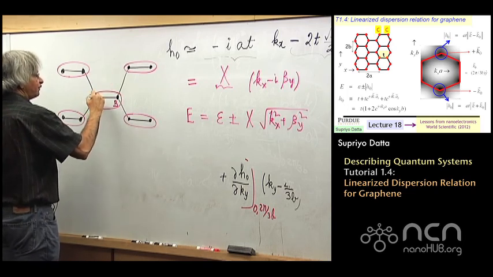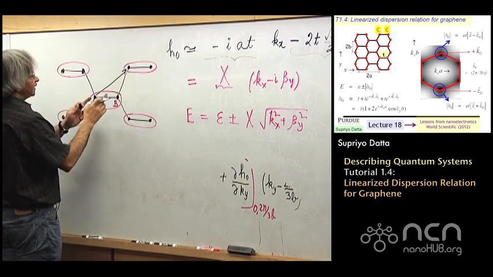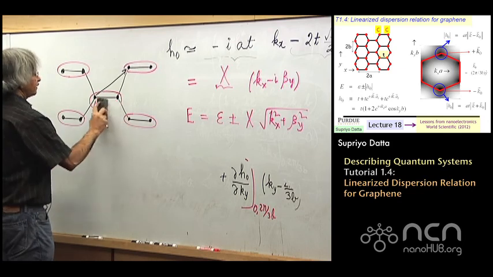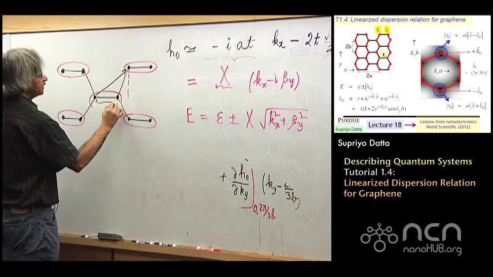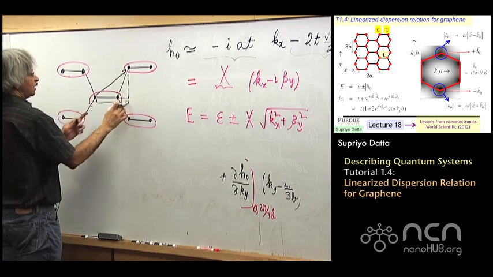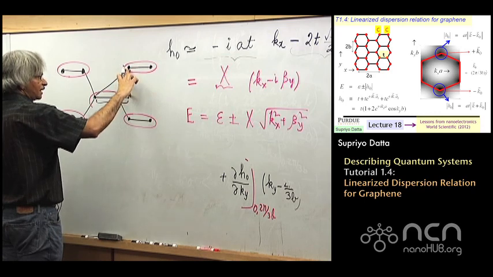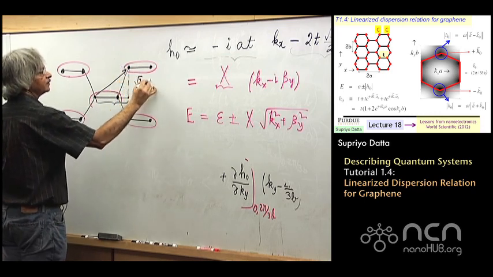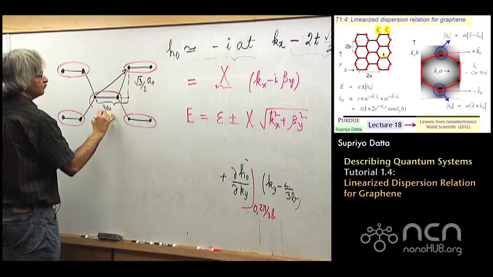The way I defined A and B is, if you look at this vector, A is the x component of that vector, which was 3/2 the bond length, whereas B is the square root of 3 over 2 times the bond length. So A is 3 over 2 A0, and B is square root of 3 A0 over 2.